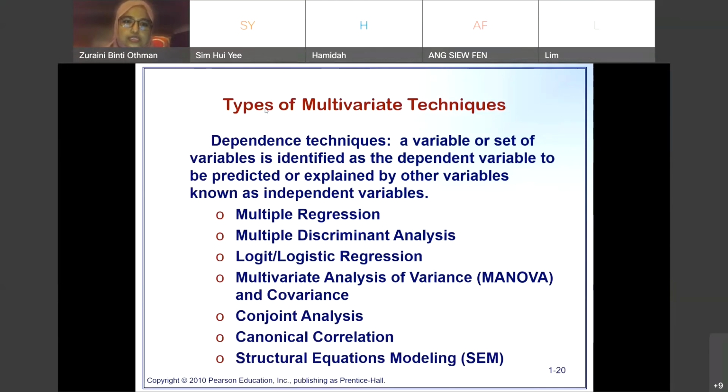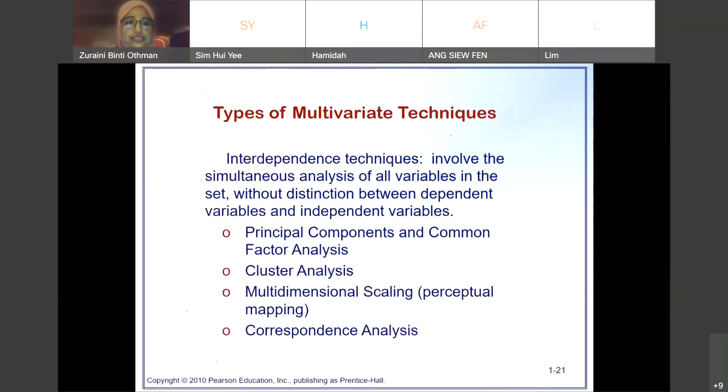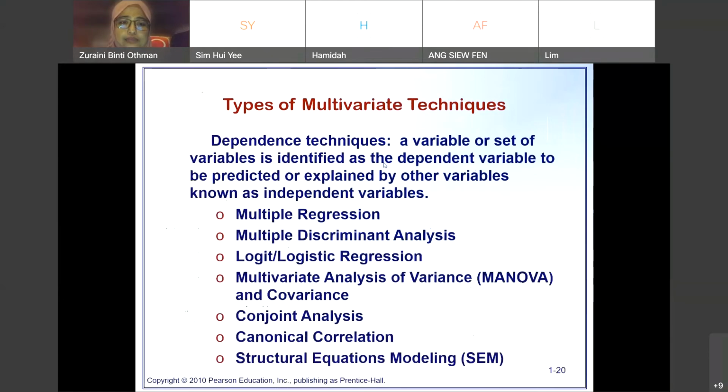So this is the type of multivariate technique. It consists of two types: dependence technique or interdependence technique. What is a dependence technique?